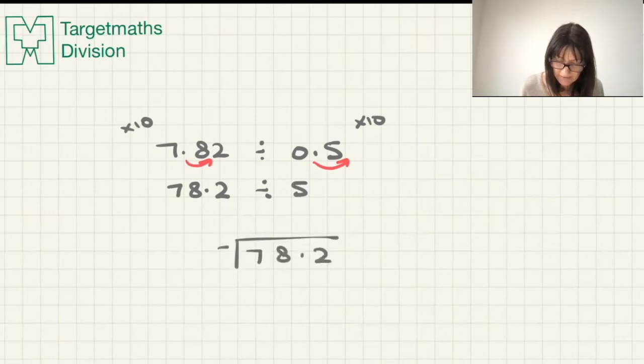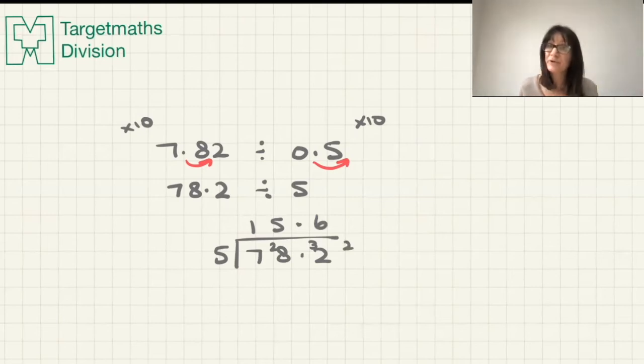We're going to divide that by 5. 5s into 7 go 1, remainder 2. 5s into 28 go 5, remainder 3. Now I've got that decimal point, so up it comes. 5s into 32 goes 6, remainder 2. That's floating around. So we're going to add the 0. No need to add the decimal because it's already there. And 5s into 20 go 4 exactly. So the answer to that is 15.64.